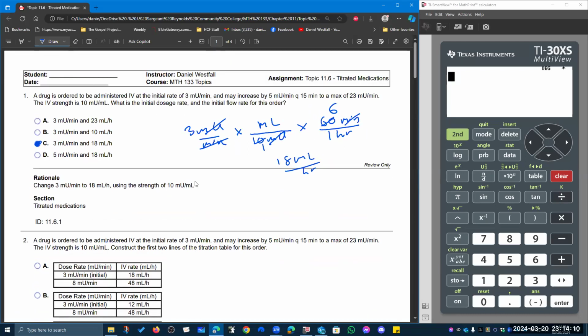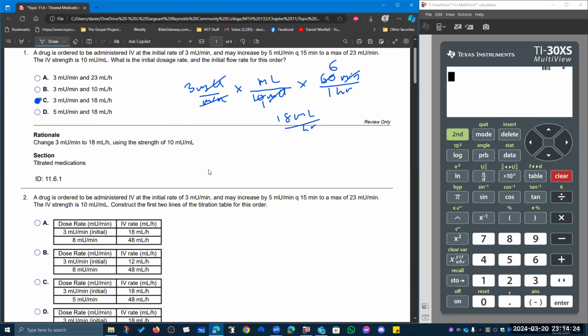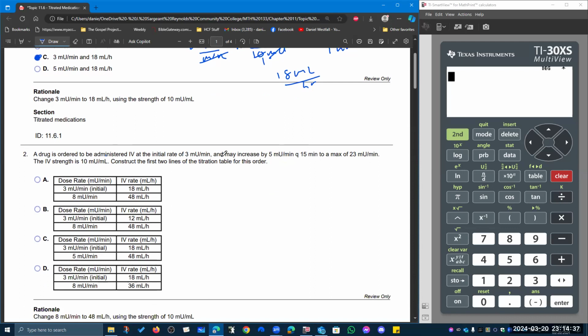Same problem here, but we're going to have to take the next step in the titration. So we're going to keep our answer from our initial rates here. So 3 milliunits per minute and 18 milliliters per hour.